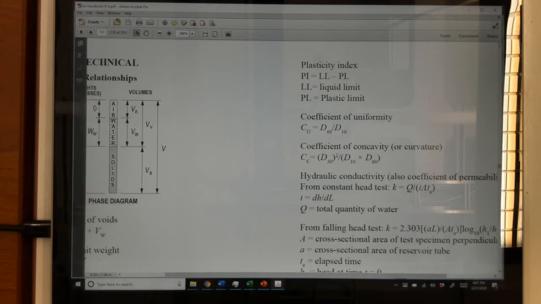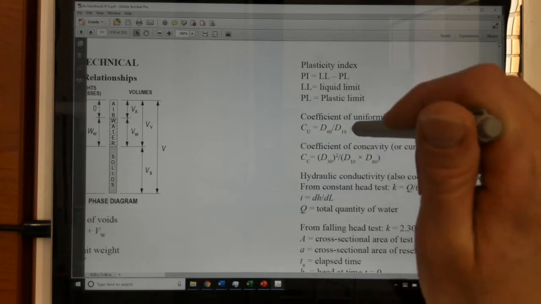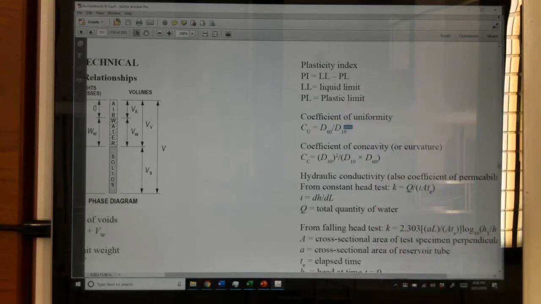What I would expect for the use of that is ultimately a soil classification. I haven't seen anything where it's like, here's a grain size distribution curve, find the coefficient of uniformity. But you have those equations there if that did show up.